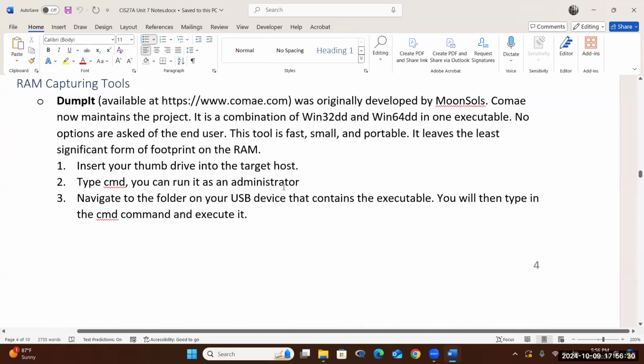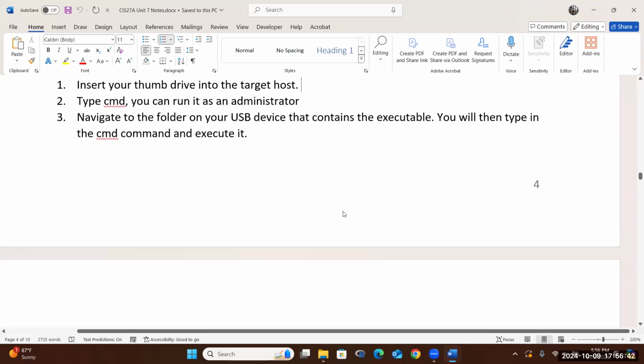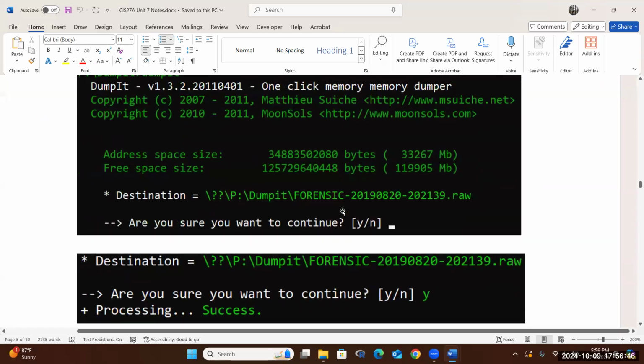Okay, so the tools information you can find here. There are some links, right? This tool also allows you to convert. You can use the command prompt and it would look like this.